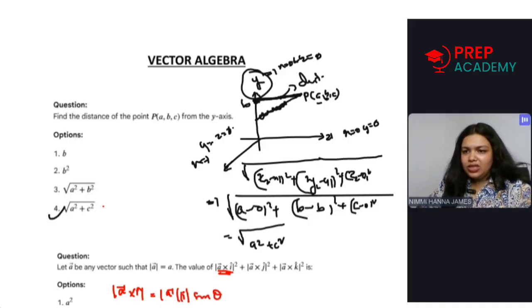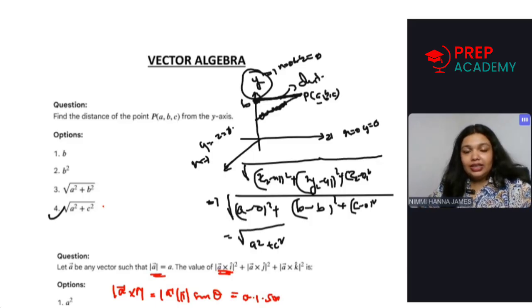Now what is mod a? It is a, right? It is given in the question that mod a is a, and modulus of i is a unit vector, correct? i, j and k are unit vectors. So the magnitude of i is 1. So a into 1 into sine theta.